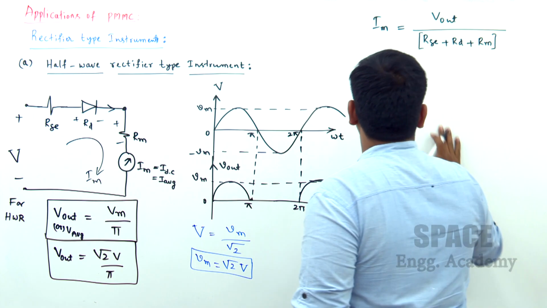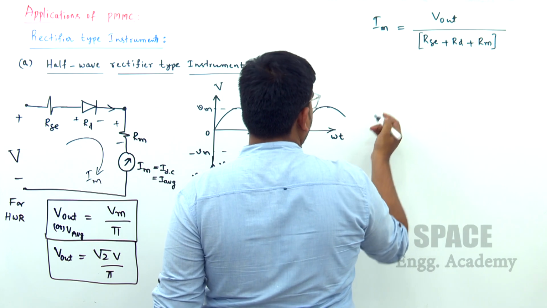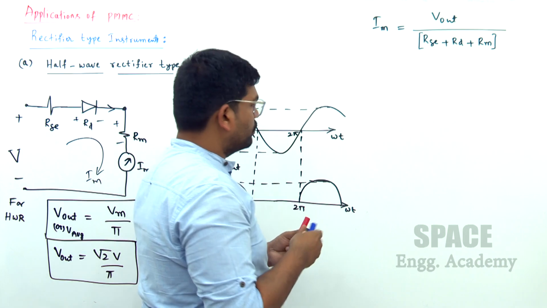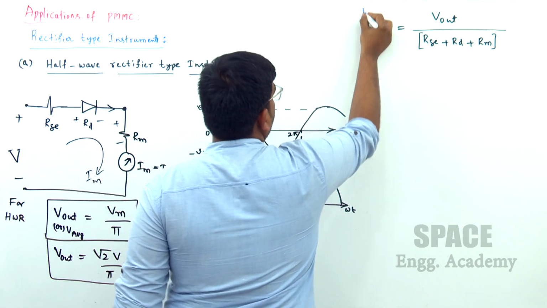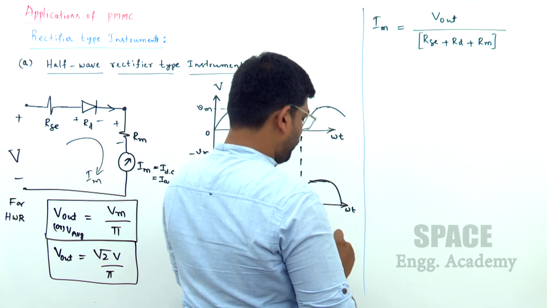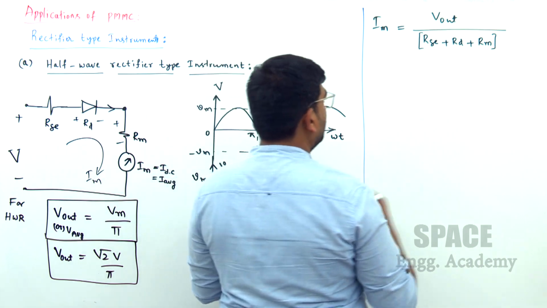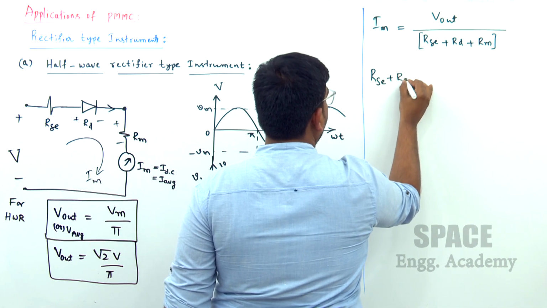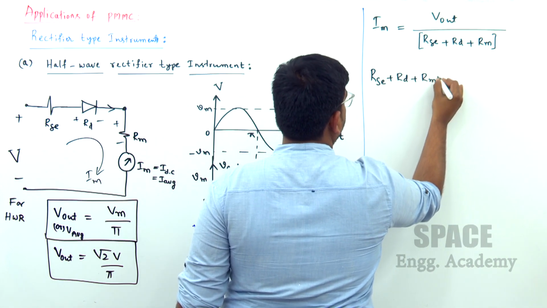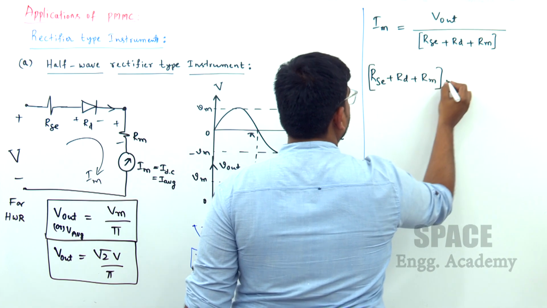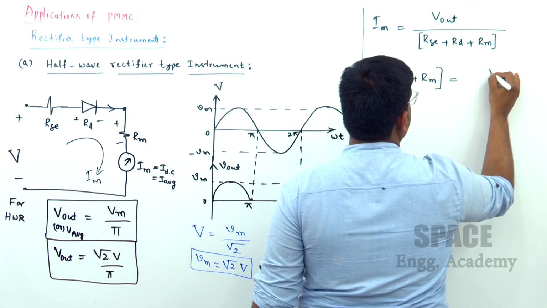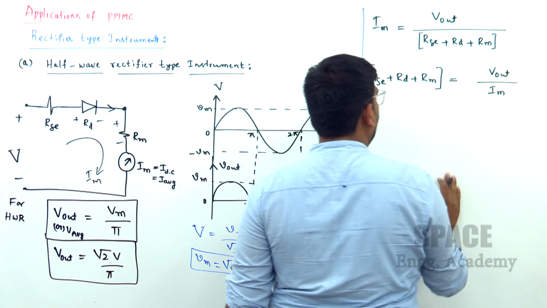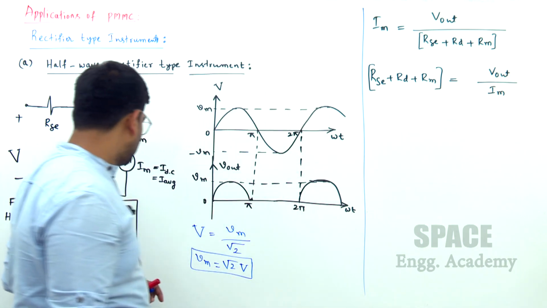Now, our intention is to write the expression for multiplier resistance. So what will be the relation for total resistance? Taking total resistance on the other side, RSC plus RD plus Rm is equal to V out by Im. First of all, what is V out?